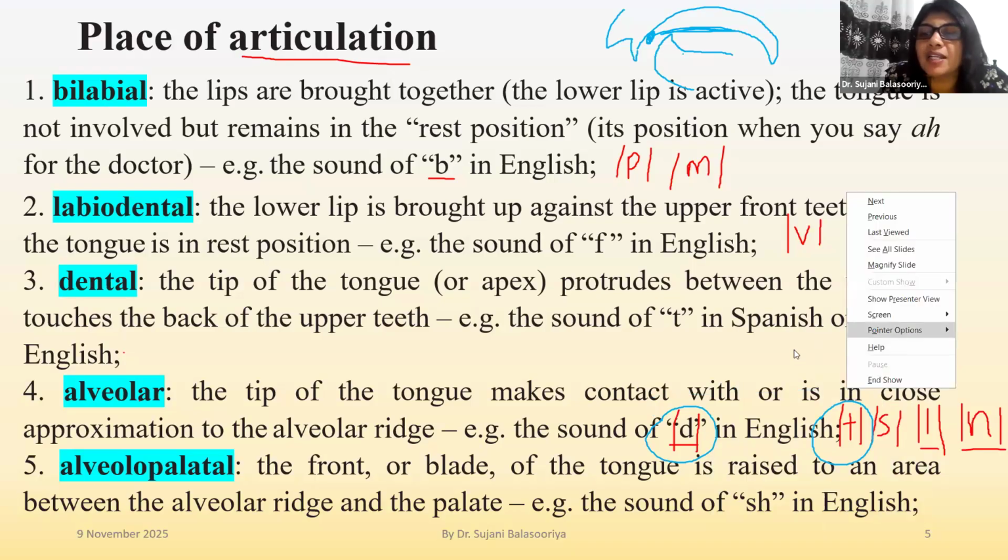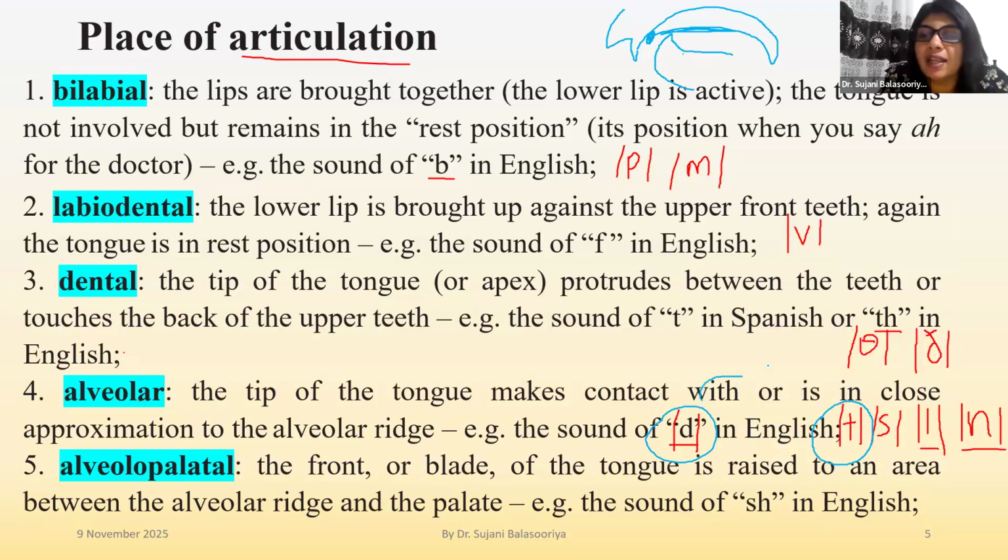In British English, these two sounds are alveolar sounds.